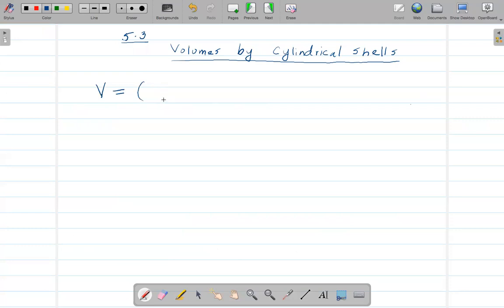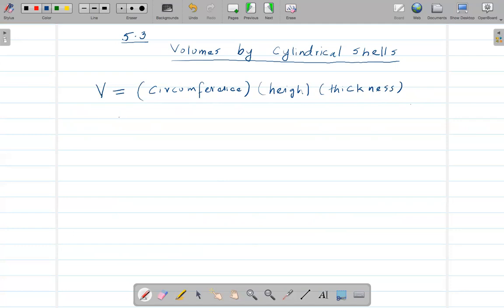Let's just focus on the formula. So the volume is circumference, and the height, and the thickness. Basically we're multiplying all of this.